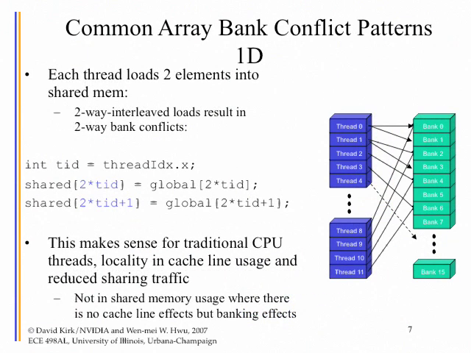There are some common array bank patterns that cause conflicts. Okay, so let's go into this one-dimensional array access pattern. A very obvious access pattern is if threads are going to access every other array element, that's called stride-two access, right?